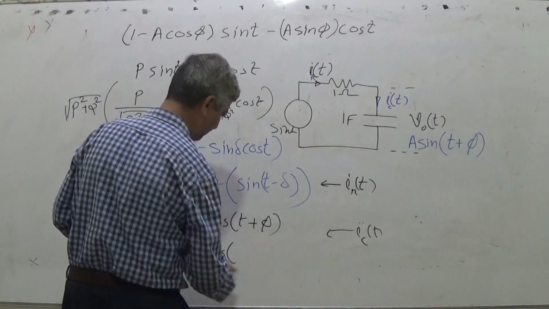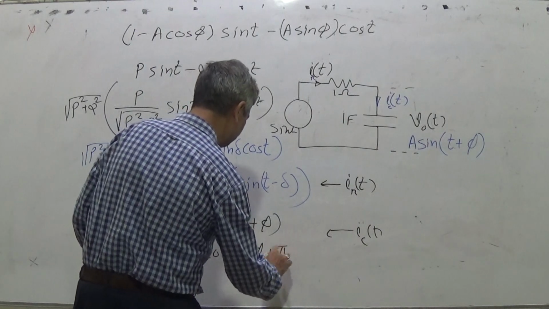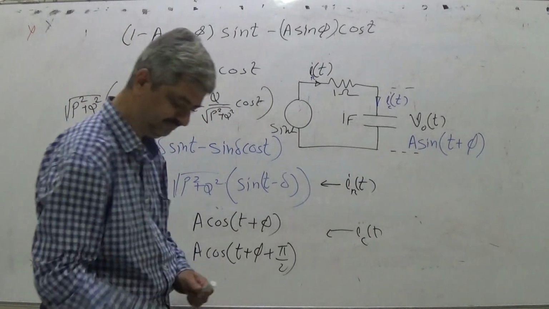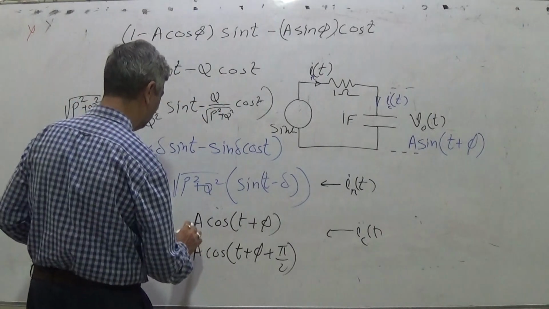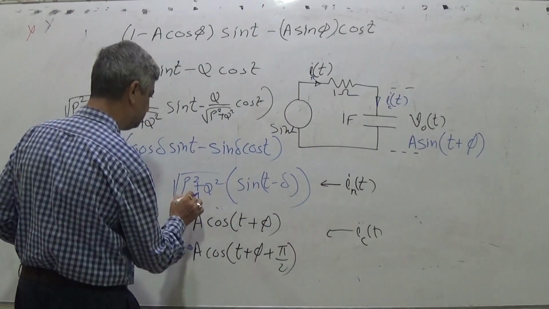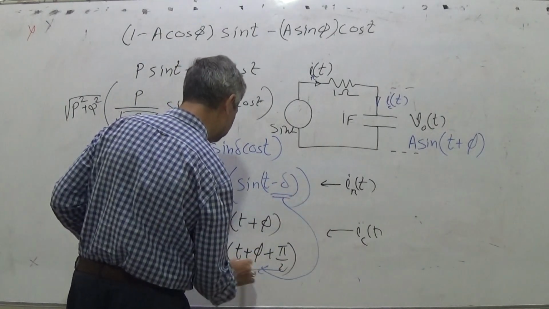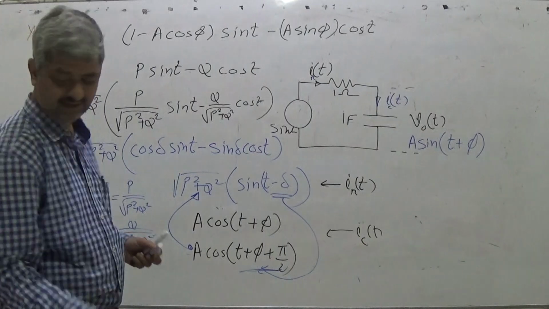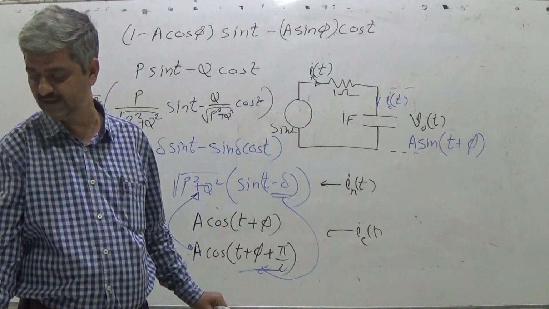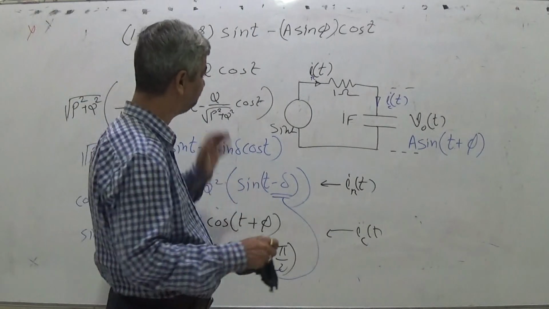So you can just have sine of t plus phi plus pi by 2. Then you can equate this and this, and you can find a as well as phi, that you can very easily find.